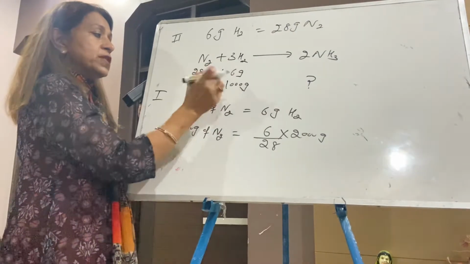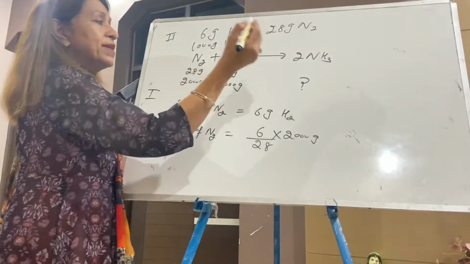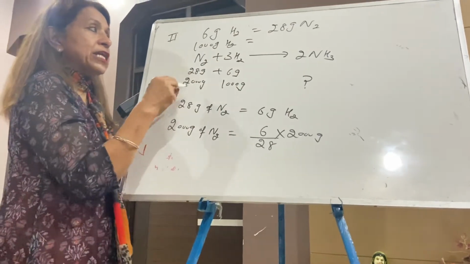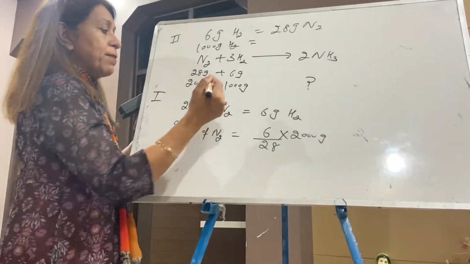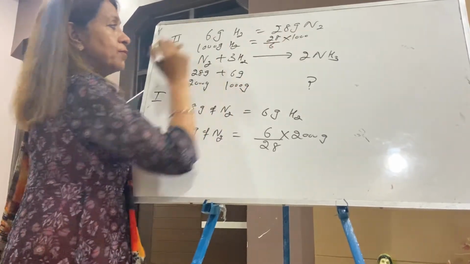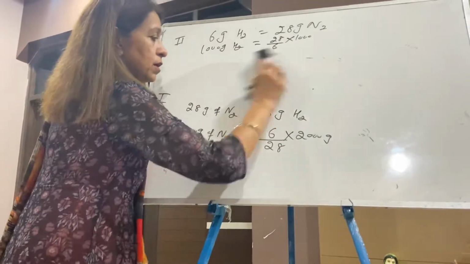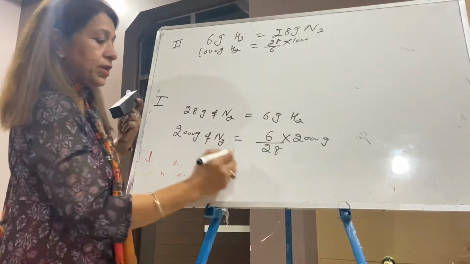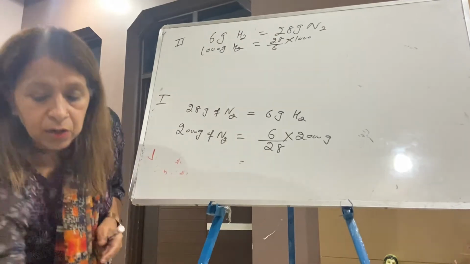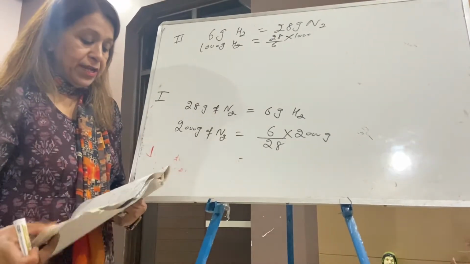First this side, now this side. 1000 gram hydrogen is equal to how much nitrogen? If 6 gram reacts with 28 gram, then 1000 gram will react with 28/6 into 1000. Now write down what answer comes: 6/28 into 2000.